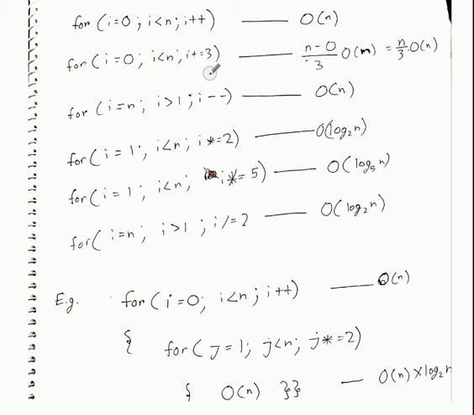Next, now let's make it complicated. It will not run n times if the increment is not 1. What if the increment is 3? That means, when i is equal to 0, and after the loop goes once, i becomes 3.